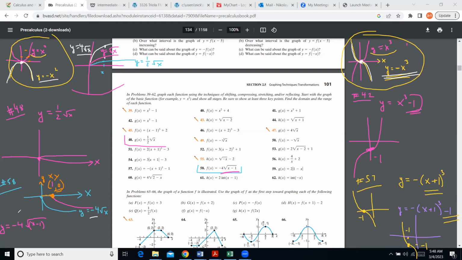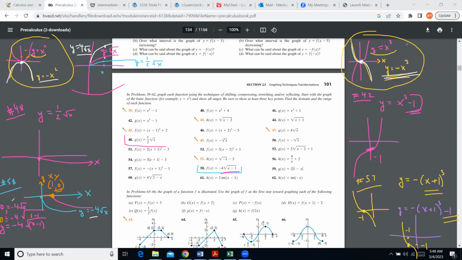So to check and see if that works, I will put 0 instead of y and 1 instead of x in this equation and see if it makes sense. If I take -4 and multiply it by the square root of, now instead of x I put the number 1 minus 1, would this be correct? Is 0 equal to -4 times the square root of 0?